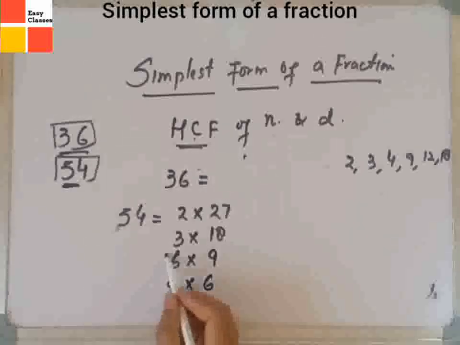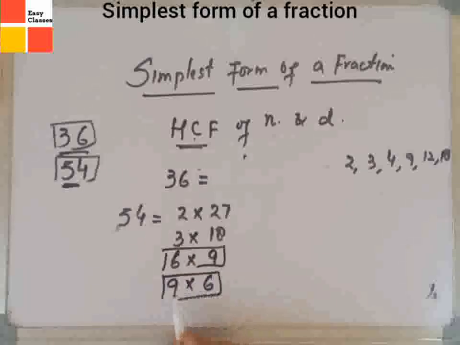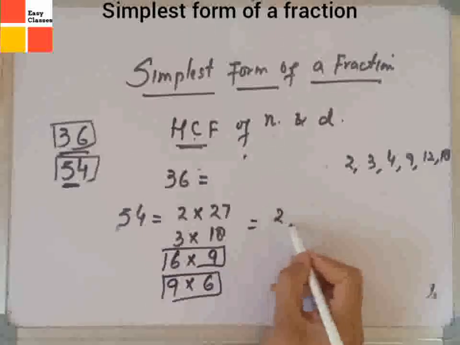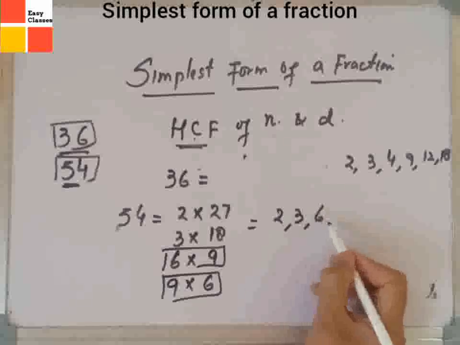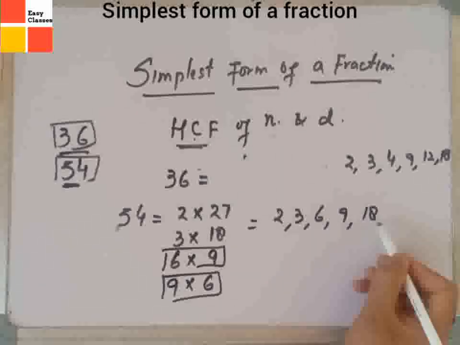So these are the same. So the factors are 2, 3, 6, 9, 18, 27.